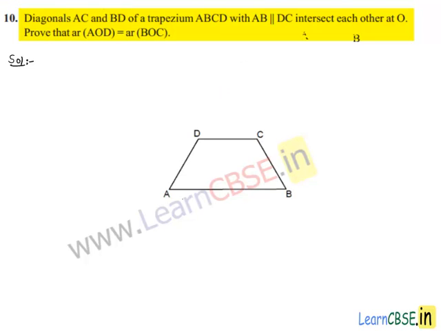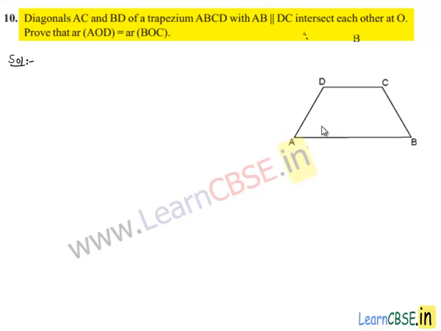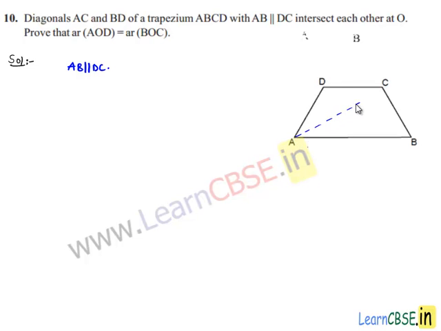Let us consider a trapezium ABCD in which AB is parallel to DC, and the diagonals AC and BD intersect each other at O. We need to prove that area of triangle AOD is equal to area of triangle BOC.